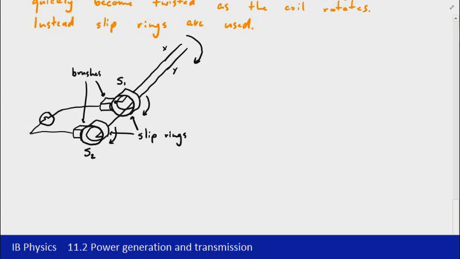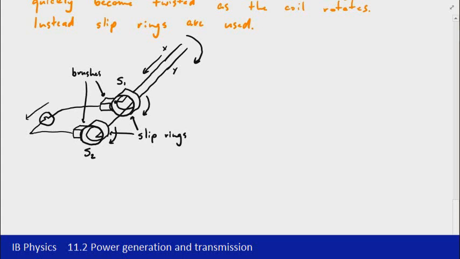Now what it means then is that as the coil rotates, you may recall we said that as AB comes down, the EMF is generated in one direction. That means that the current will then flow out in one particular orientation through the slip ring, out through the brush, that way, and then through the light bulb, and then back in through the other coil going that way. On the other half cycle, the current is now actually going to be going the opposite direction. So it will flow down through X, out through S1, through the brush, down through the light bulb, and back into the circuit.